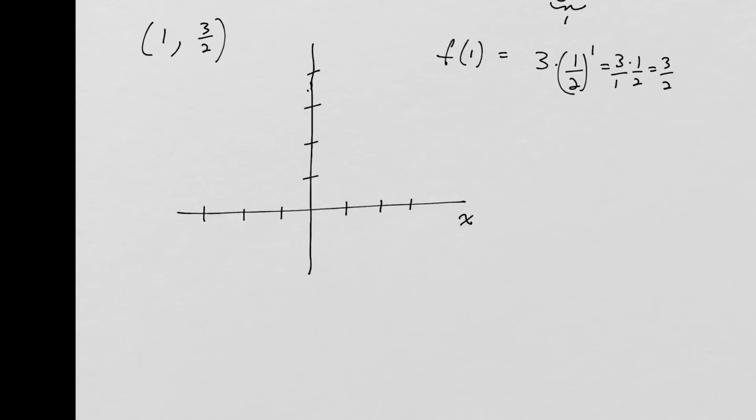Actually, let me move this a little bit up. So that's y. It definitely has to go through the point 0, 3, so right there. And it has to go through the point 1, 3/2, so let's say 3/2 is right here.